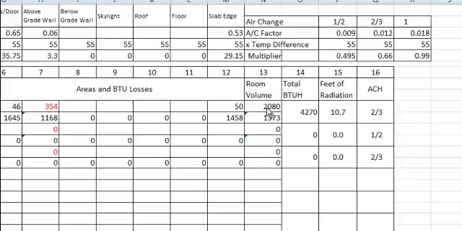to get the total BTUs per hour that would be transferred using that air volume of 2,080 cubic feet. And then, so that gives us a total number for an hour, but we're only actually losing 0.66 of that.